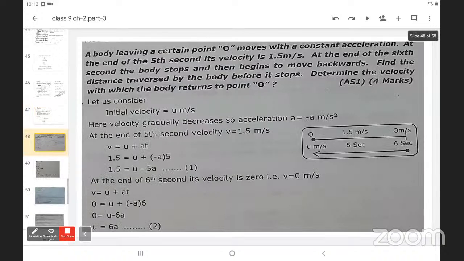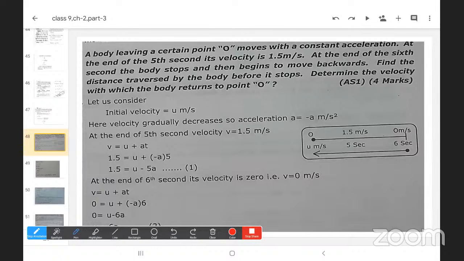Now, the next question. A body leaving a certain point O moves with a constant acceleration. At the end of 5th second, its velocity is 1.5 meter per second.